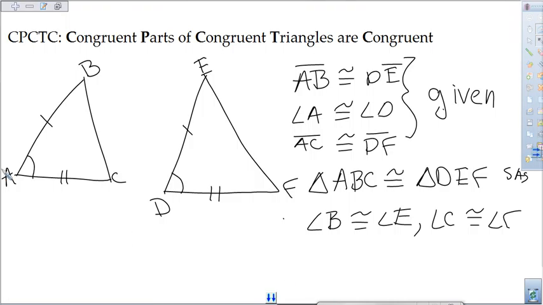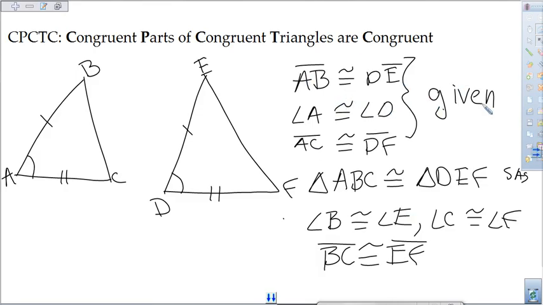And I can also say, let me see, I have AB and DE, AC and DF. I can say this last one, segment BC is congruent to segment EF. Okay? So there you go. That's the whole idea.